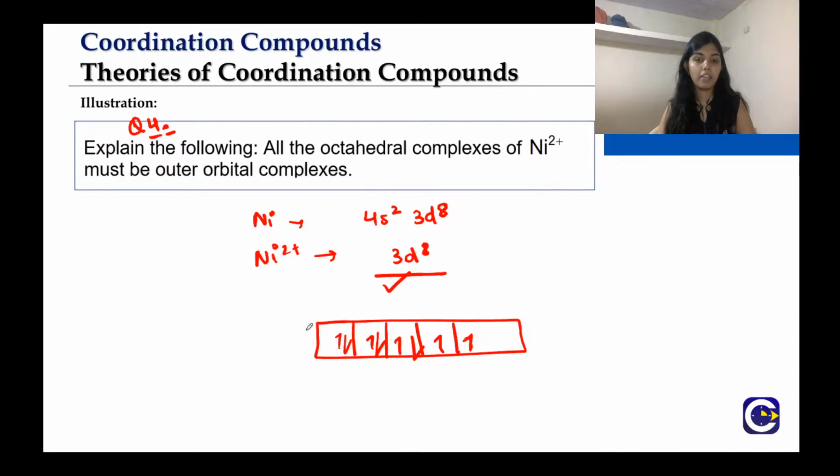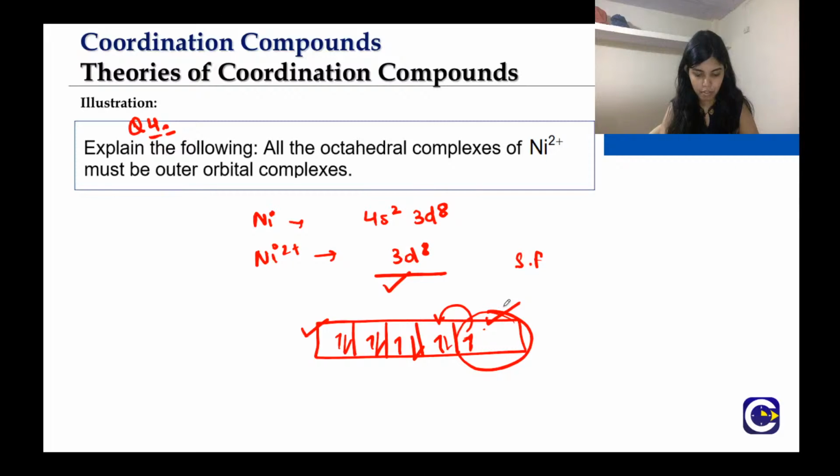What is there in d8 configuration that an inner orbital complex cannot be formed? See, even if there is a strong field ligand, let us say that nickel 2 plus is having a strong field ligand, even if the electrons pair up, we are only having one d orbital. We are only having one d orbital.